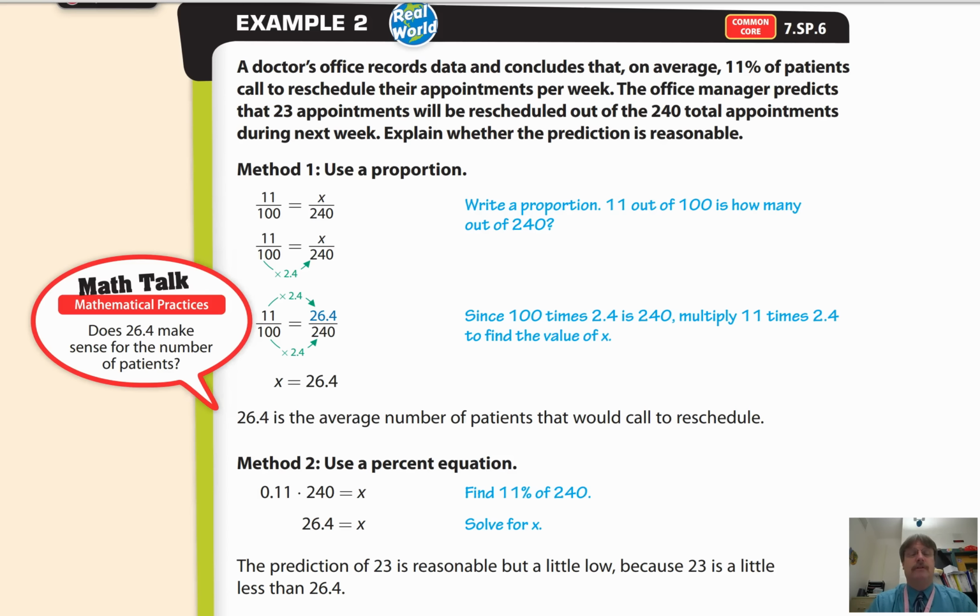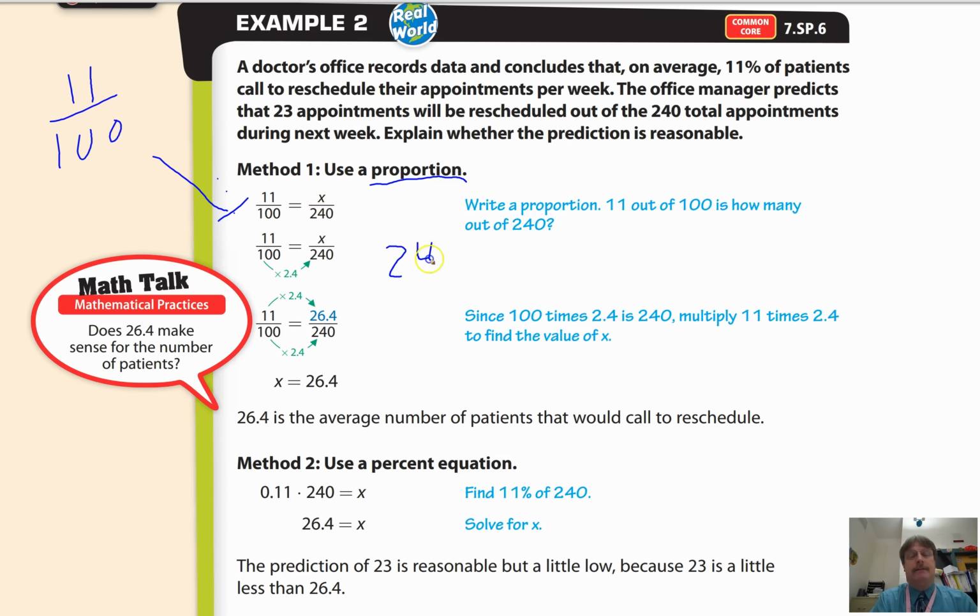So using the first method, the proportional relationship we talked about, 11% is 11 out of 100, okay? So that's how they came up with this here. And then they set that up to about how many out of 240. So here we have to do our scaling.